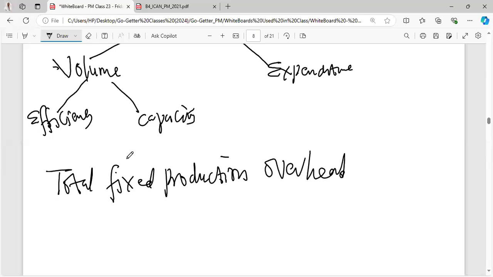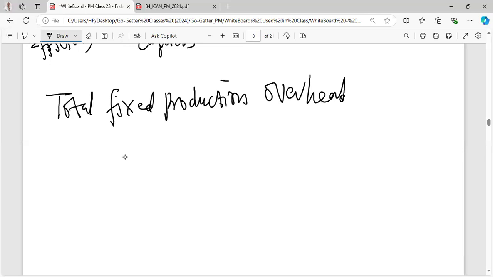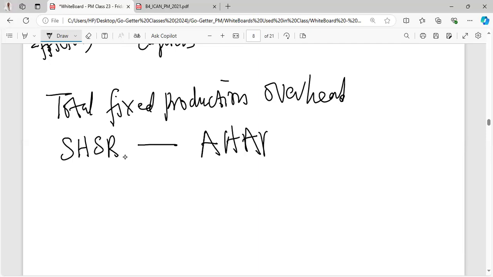So normally in our formula, we usually say it is standard hours, standard rate, minus actual hours, actual rate. Still the same thing we have been doing before.